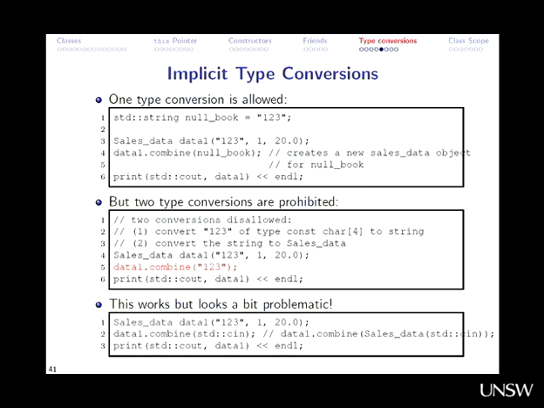The reason that works is we have a constructor that takes an input file stream. So that constructor is, at that point, implicitly called, and it works. Don't do this, but be aware that these things happen. These things are allowed.